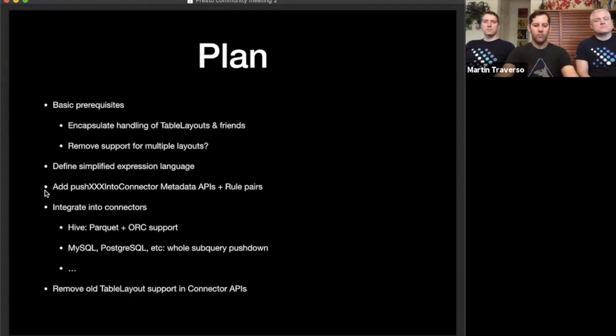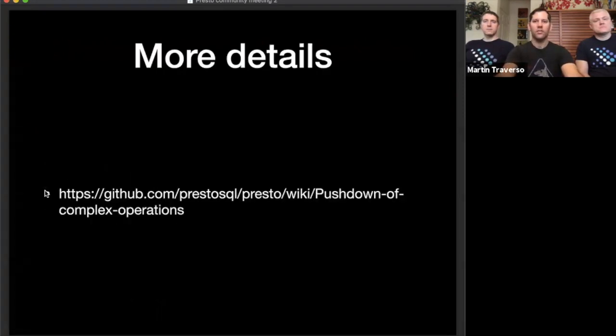So that's pretty much it, and there are more details on the wiki if you haven't seen it. Just go to the wiki on the Presto SQL Presto repo and find the document. There's an issue where we're tracking the work that's going to be required.